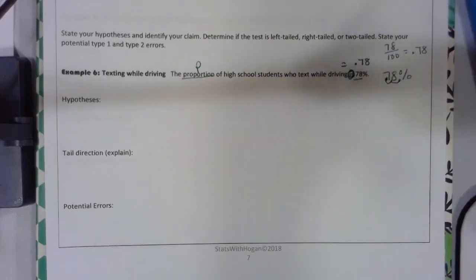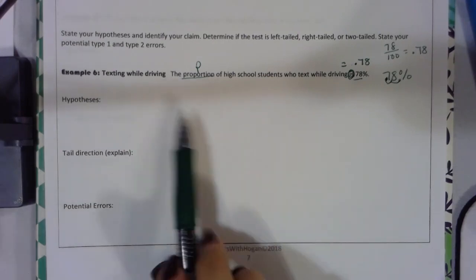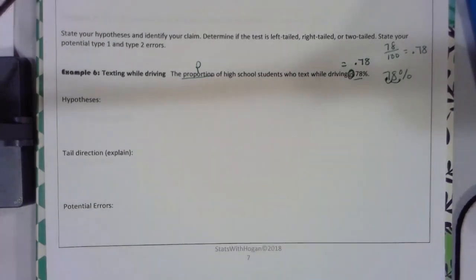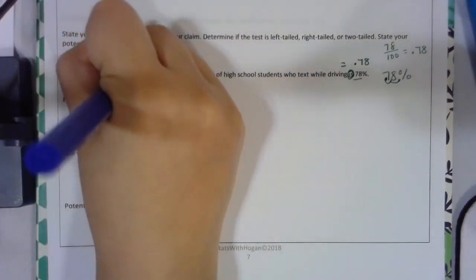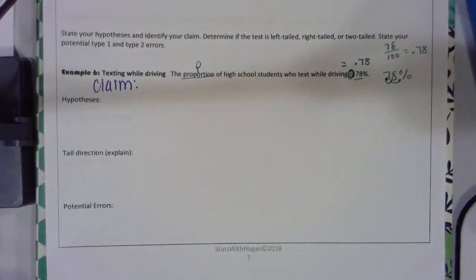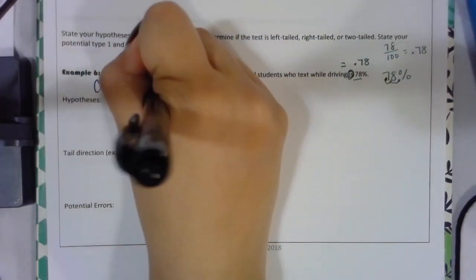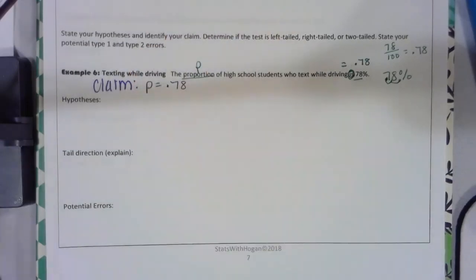Is means equals. So just by doing this, I've already written out my claim. So my claim in this sentence is that P equals 0.78.